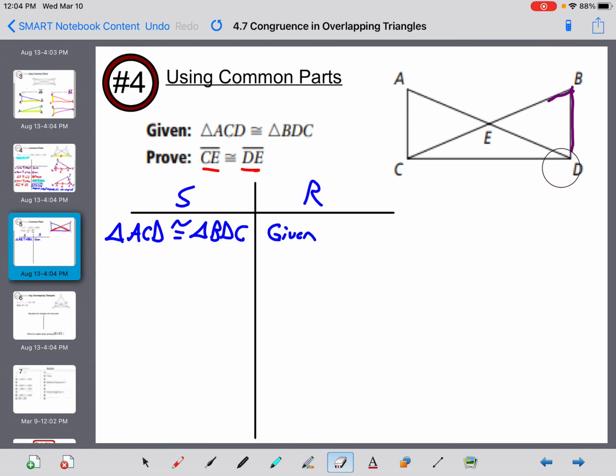The triangles that those belong to are these ones, ACE and BED. We're trying to prove that this is congruent to this, okay? So, we have to use information we know, okay, to prove that these triangles are congruent.